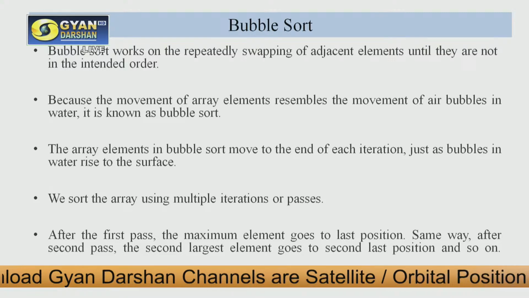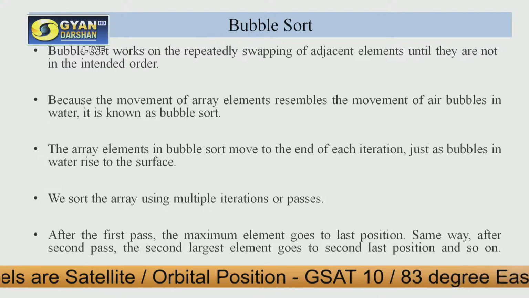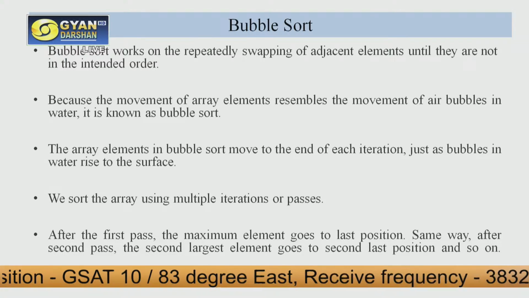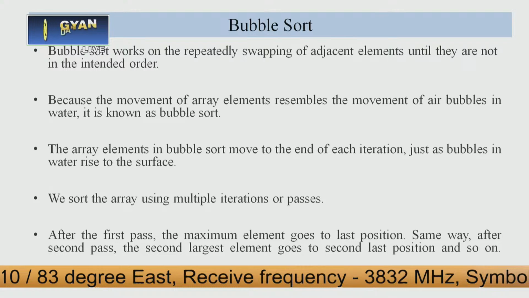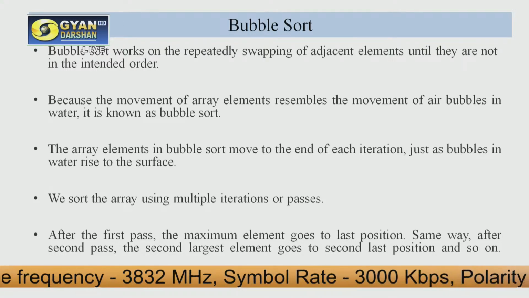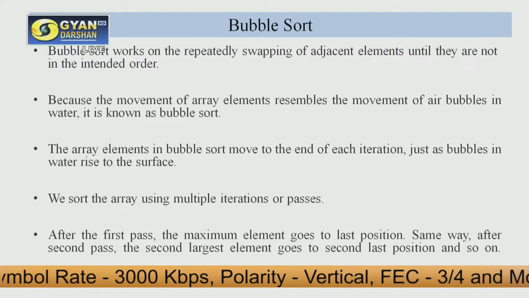So in the first pass, the largest element will be positioned at the last position, and then we do the same process again and try to fix the second largest element at the second last position of the array.